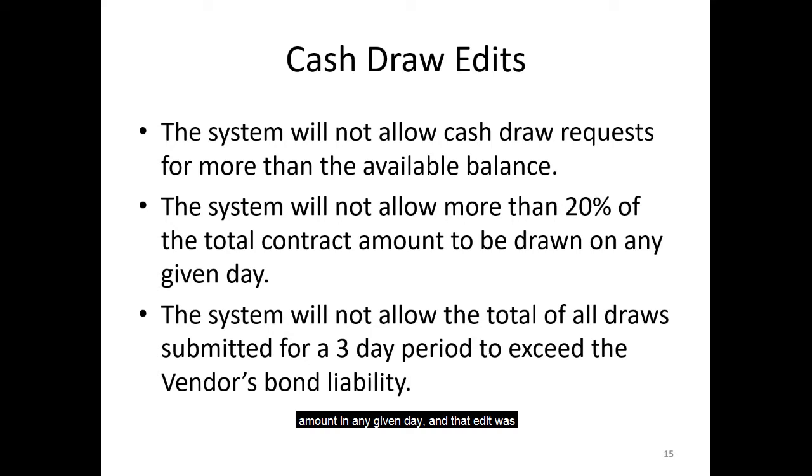That edit was built into the system from the beginning, basically to help in the event of a typo, where someone inadvertently requested significantly more than they wanted. And we don't suspect during the life of the contract that there would be a need to draw more than 20% of the contract on any given day.